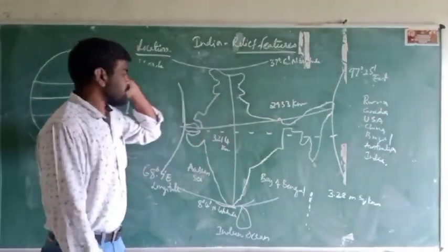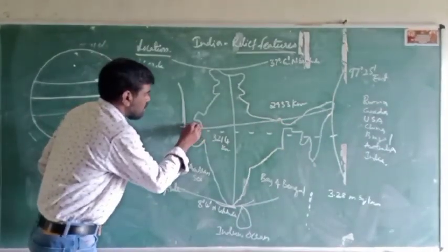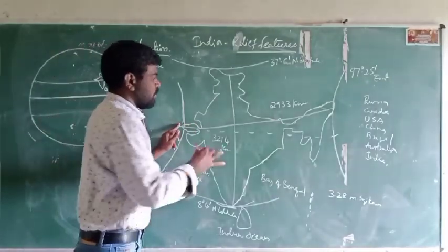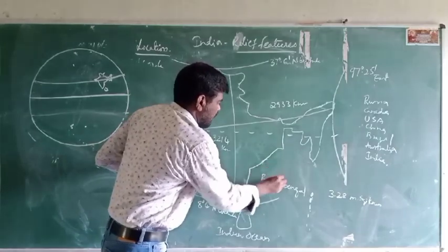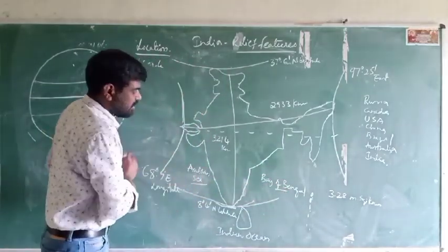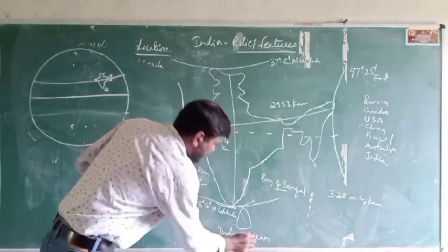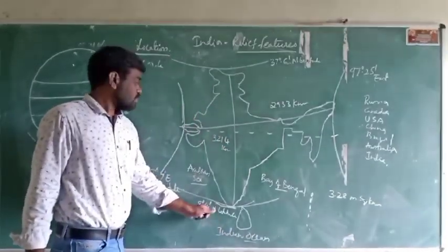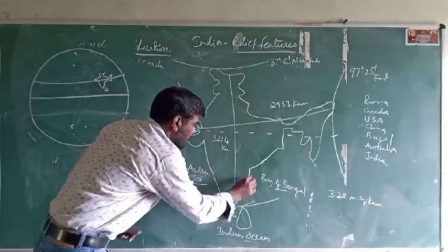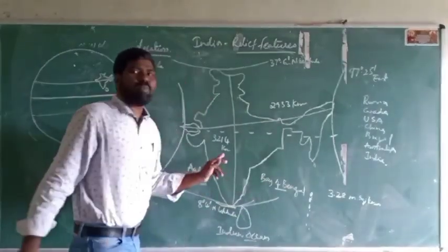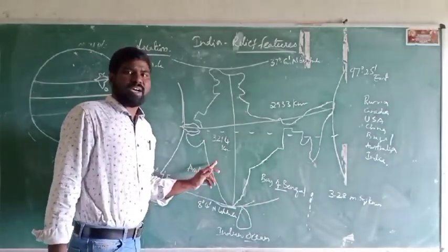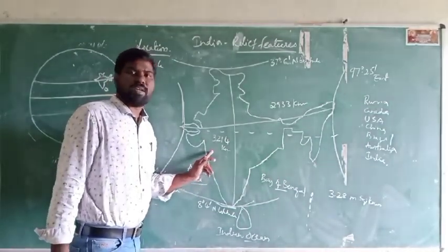If you see the frontiers for us, on the east side is the Bay of Bengal, on the west side the Arabian Sea, and in the south the Indian Ocean. We have a long coastline, which enables us to conduct foreign trade and also helps the fishing industry.